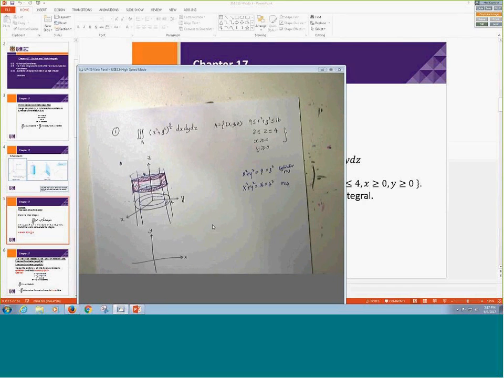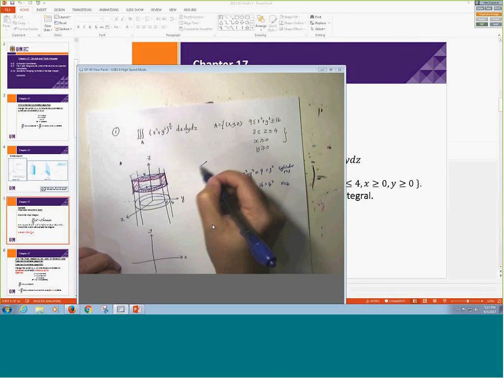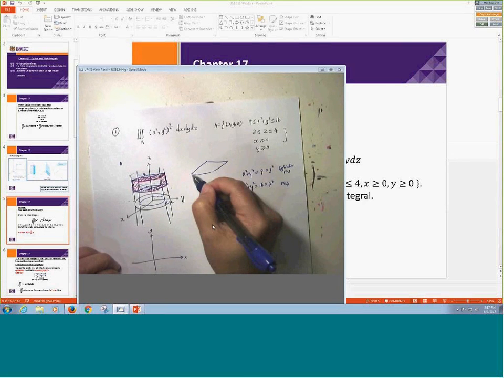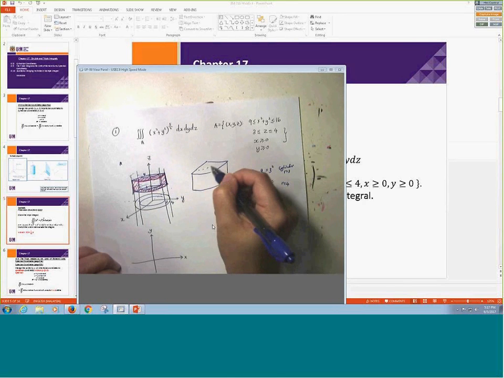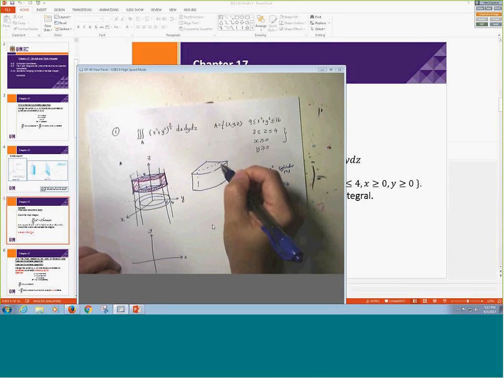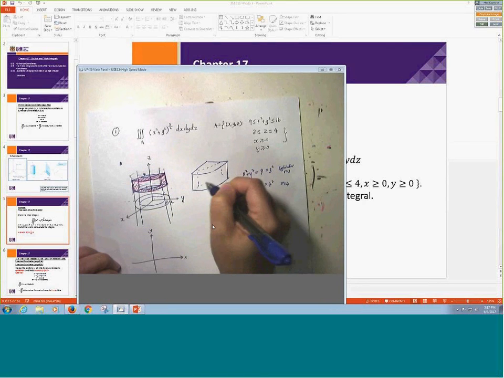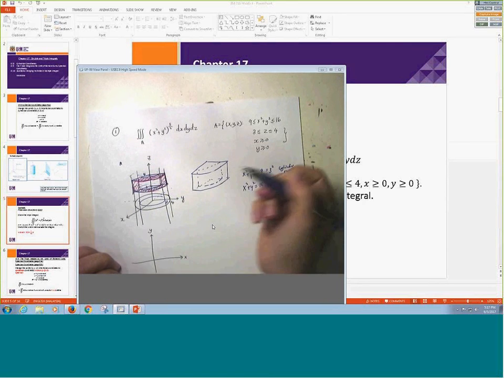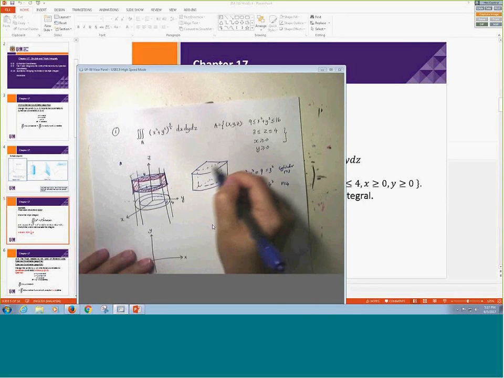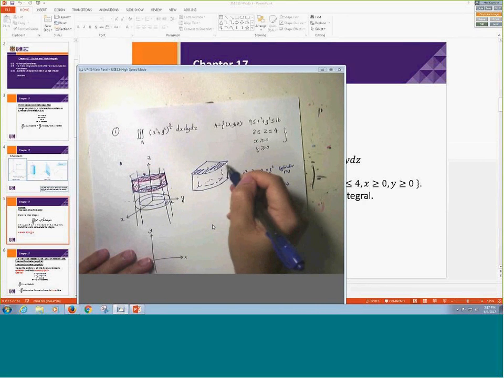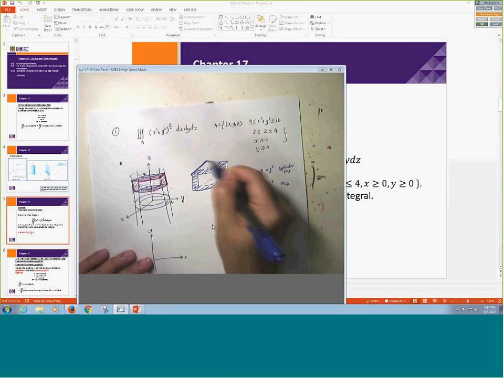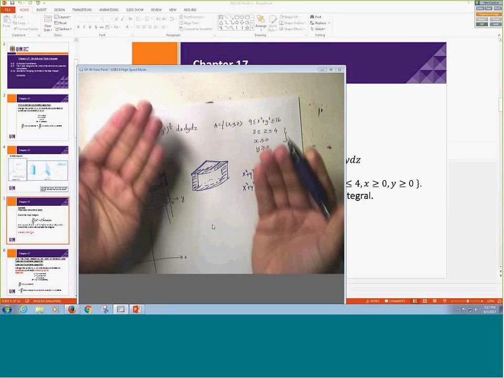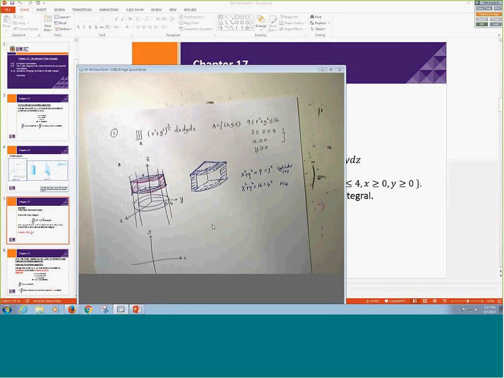If I draw it again, it will be something like the cylinder, the first part, the cylinder for the second part, covered from here, and then here is the surface, the cylinder like this.